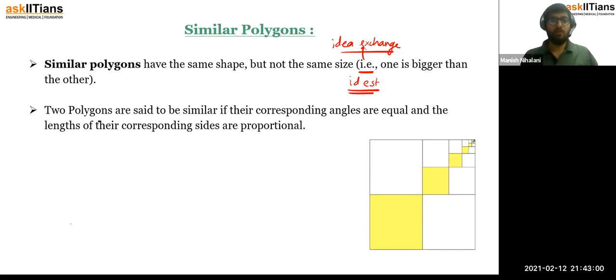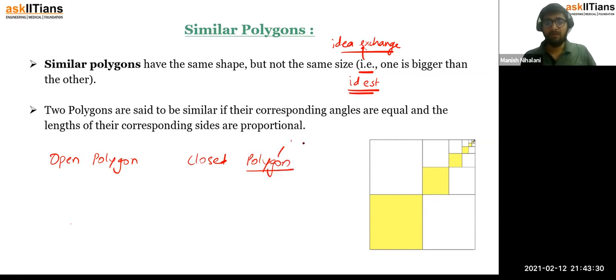So two polygons are said to be similar if their corresponding angles are equal and the lengths of their corresponding sides are proportional. First of all, we need to understand what we mean by a polygon. There are two types of polygon: open polygon and closed polygon, right? A polygon means a figure with many sides.